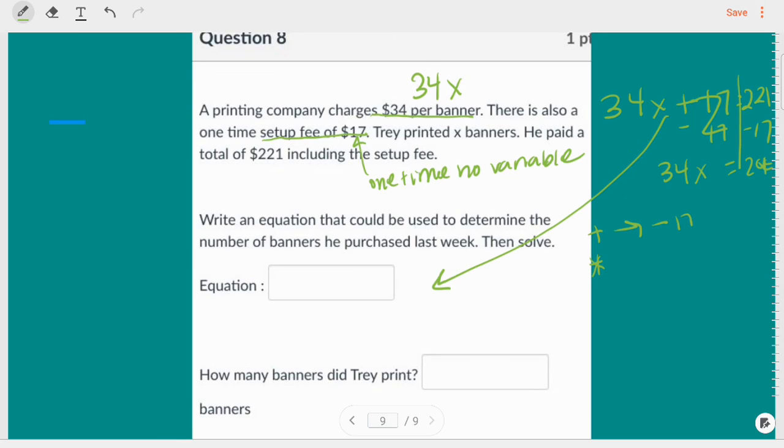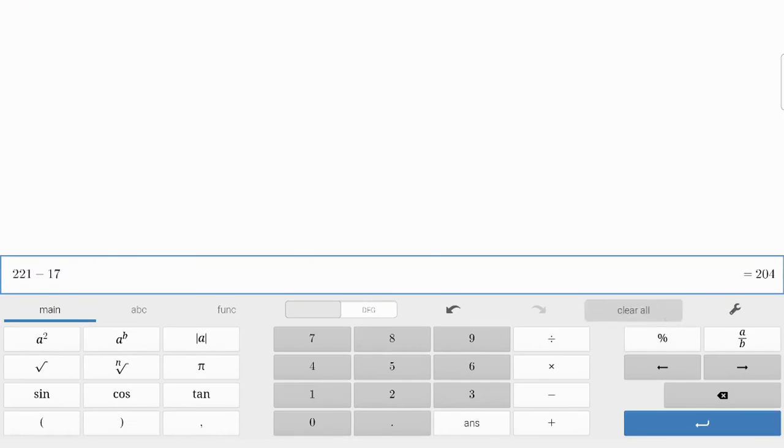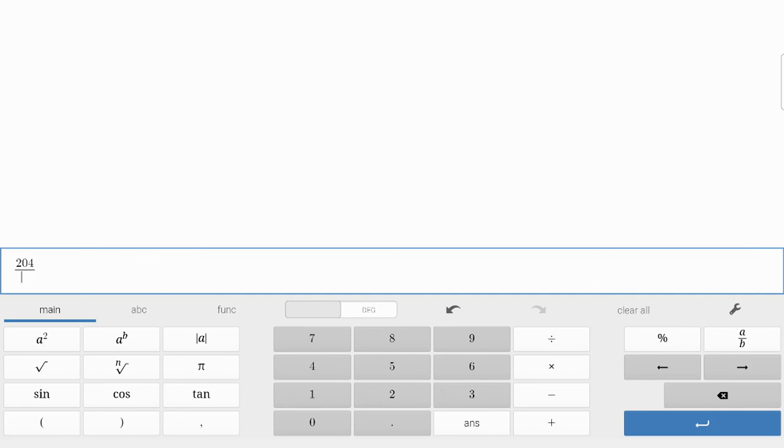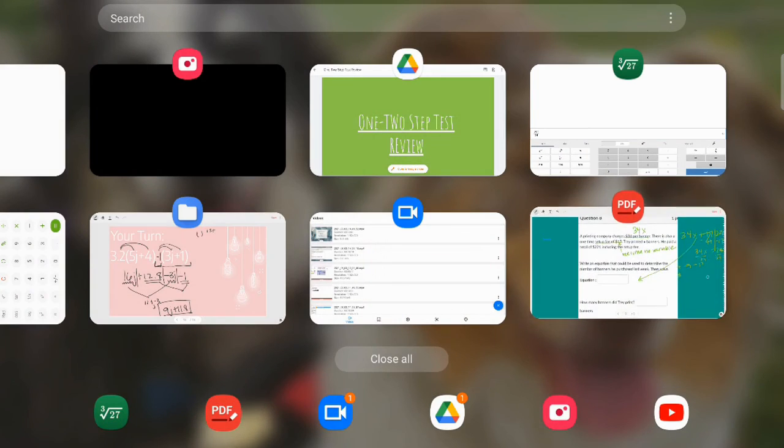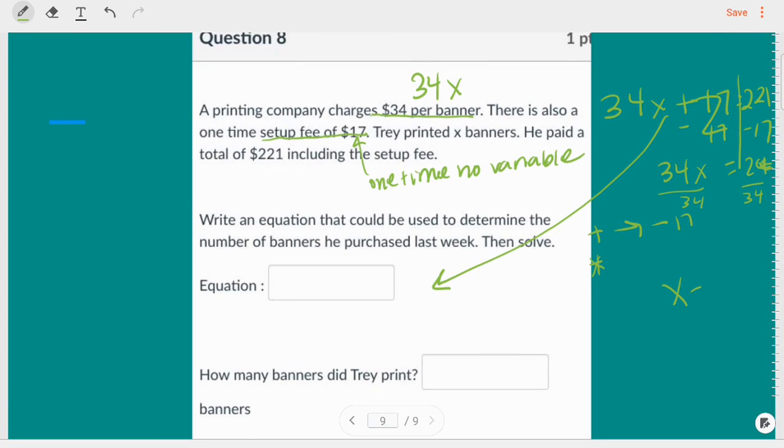We're running out of room. 204 divided by 34 equals a grand total of 6. So x equals 6.